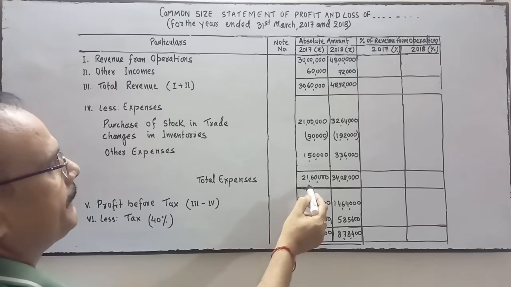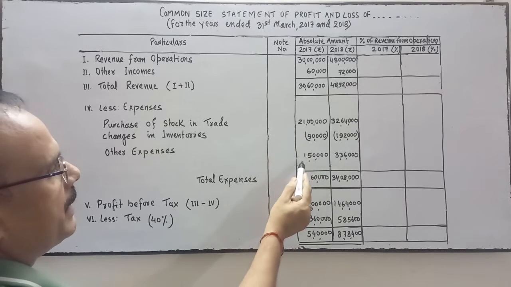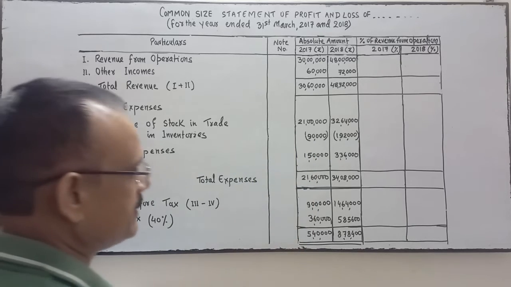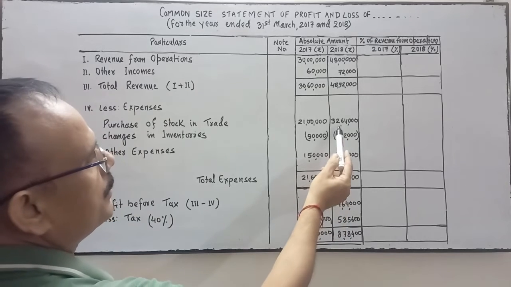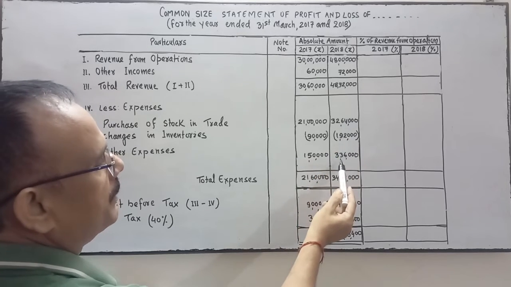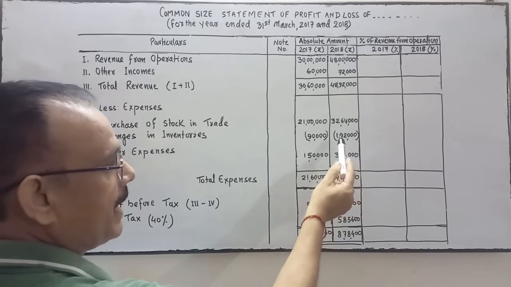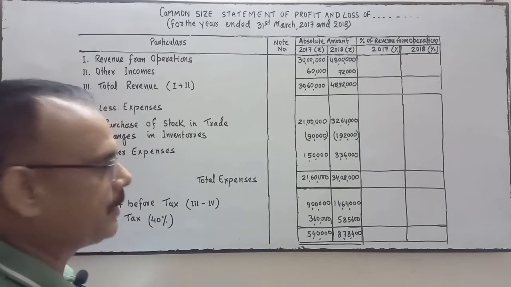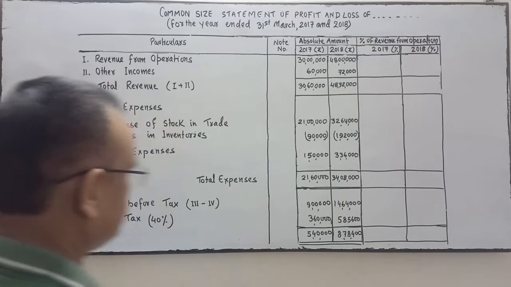Now we'll do the total. We do the total of 21 lakhs and 1,50,000 and minus 90,000. So total is 21,60,000. Here also 32 lakh 64,000 plus 3 lakh 36,000 minus 1 lakh 92,000. So this will come to 34 lakh 8,000. This is our total expense.